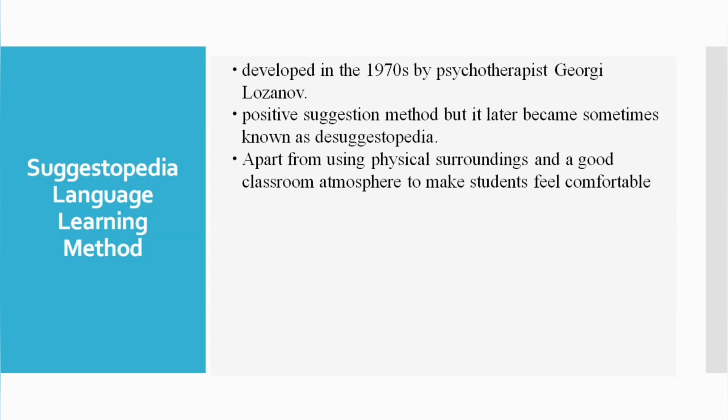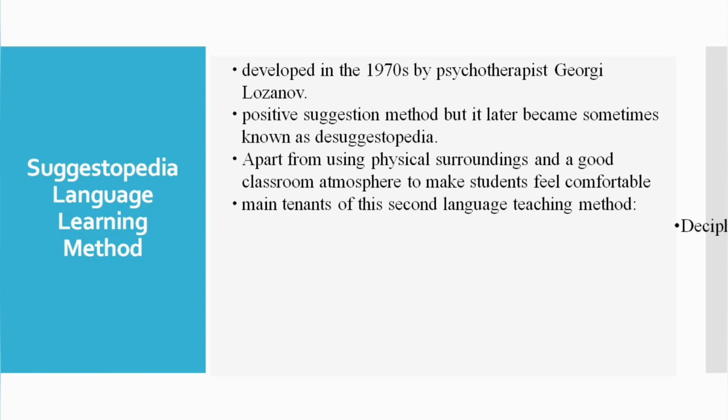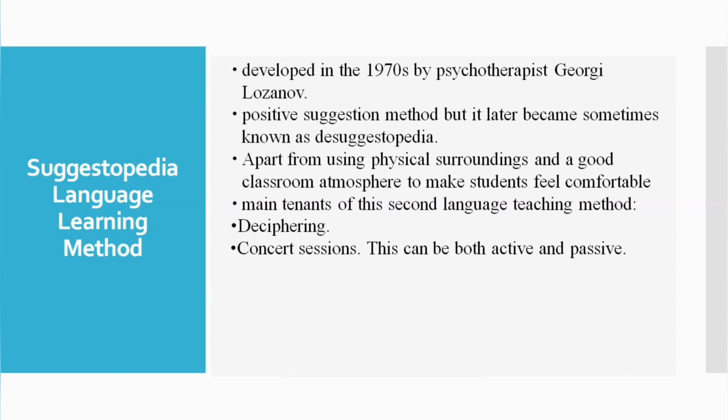Apart from using physical surroundings and a good classroom atmosphere to make students feel comfortable, these are the main tenets of this second language teaching method. First, presentation, where the teacher introduces new grammar and vocabulary. Concert sessions, where the teacher reads a text and students follow along with music in the background.